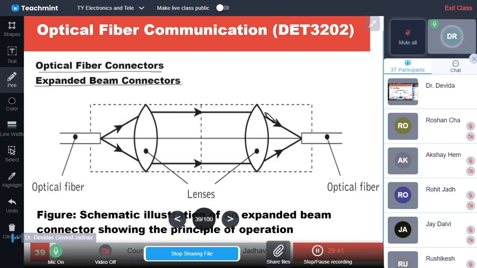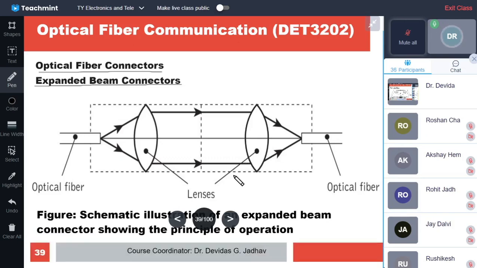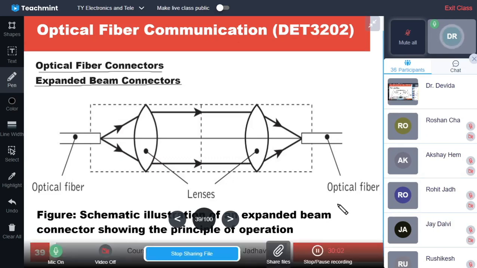The beam is expanded, and the joint connector uses that beam expansion and again focusing principle with the help of lenses. This is the schematic illustration of the expanded beam connector showing the principle of operation.